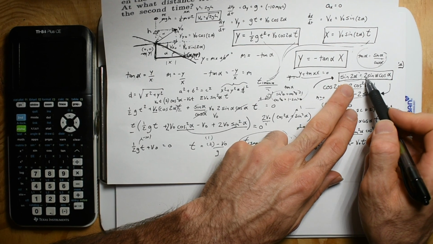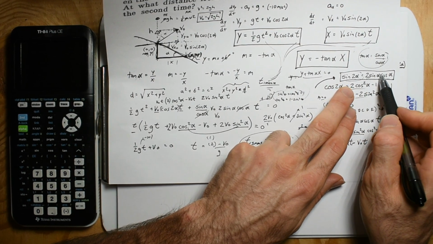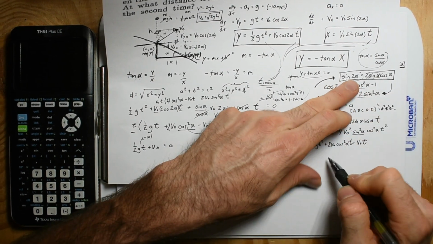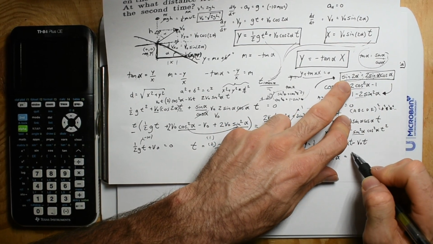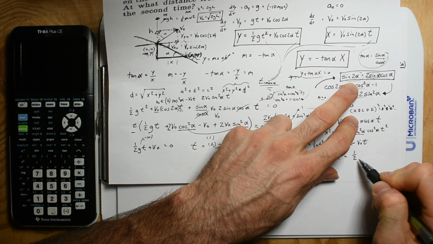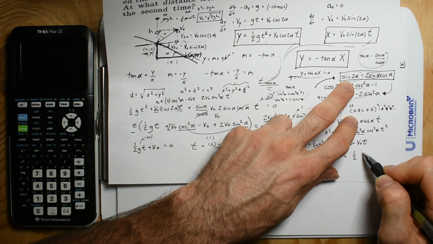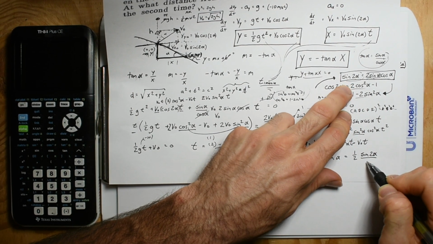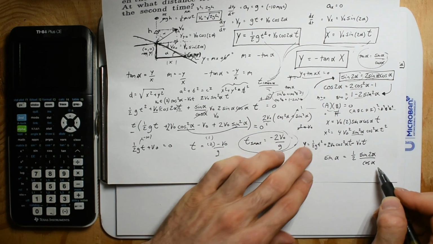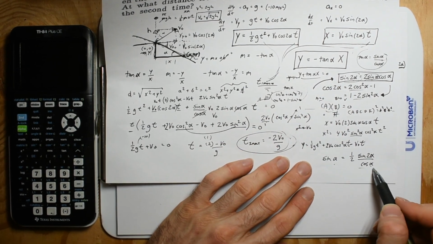You can rearrange for sine alpha here and say that sine alpha is equal to 1/2 sine 2 alpha divided by, oh, that's not going to help, cosine alpha. Yeah, you're still going to have a cosine alpha.